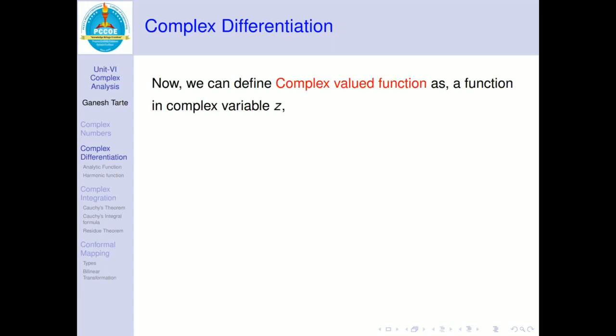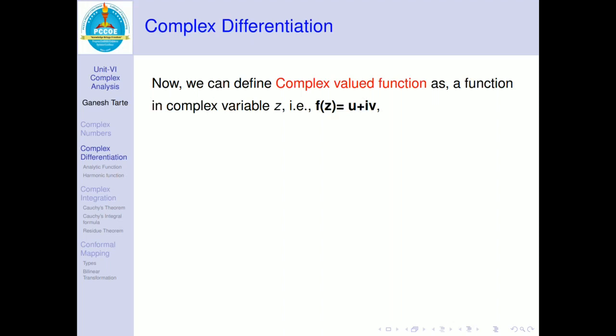Any function having complex variable z is called a complex valued function. So f of z is equal to u plus iv, because z is complex, so f of z is also complex, so it looks like some real part plus i times some imaginary part, u plus iv, where u and v are functions of x and y.